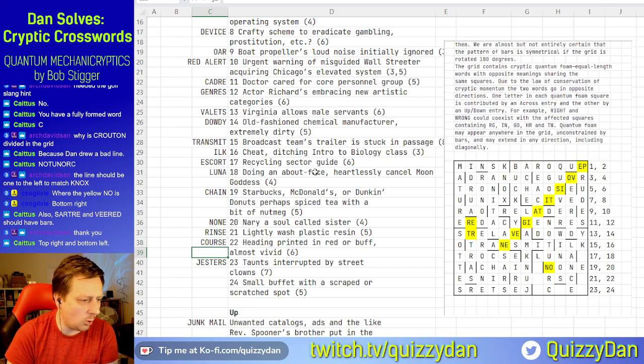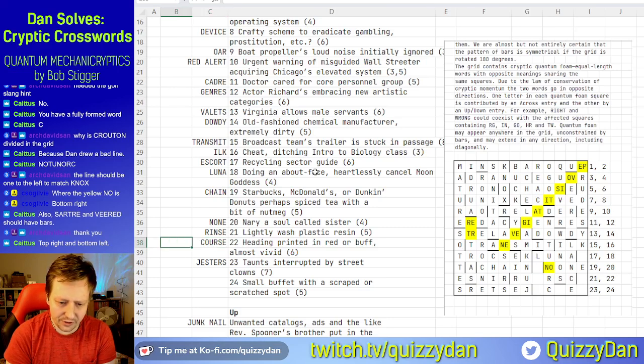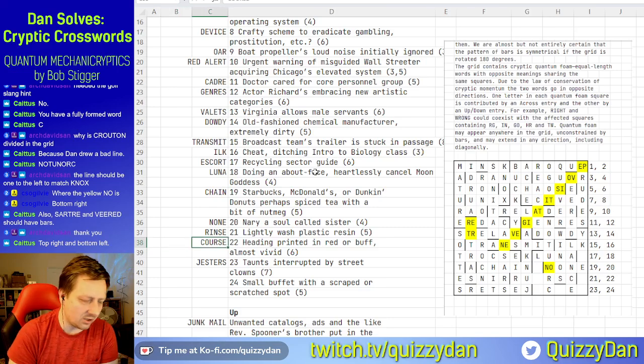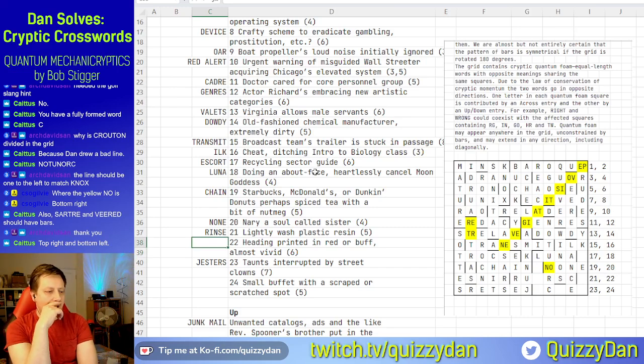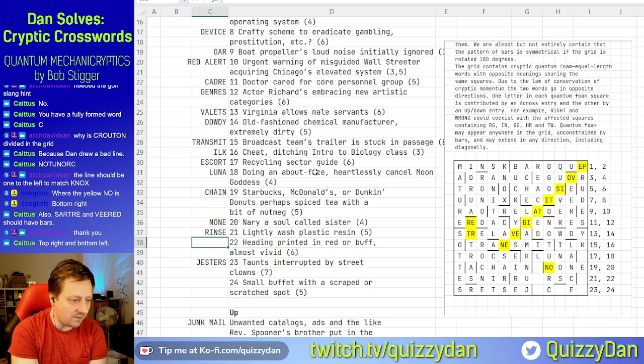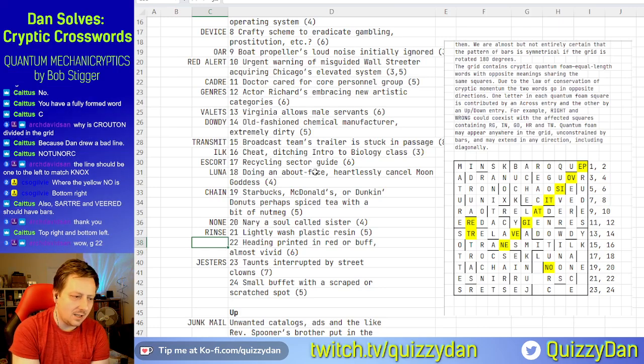Printed in red or buff, almost vivid. Is it course? No, because only one of those letters is right, so I don't think it is. Maybe P for the heading of printed. In red or buff, almost vivid.